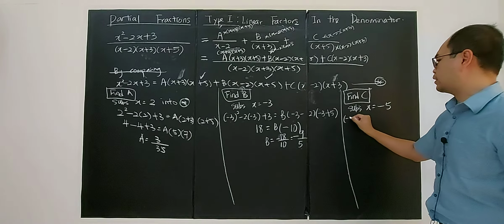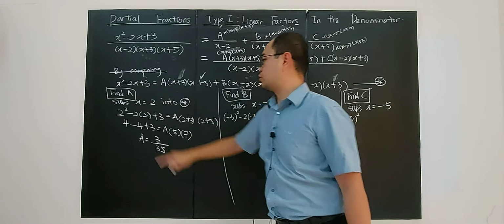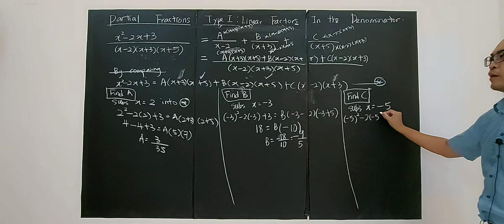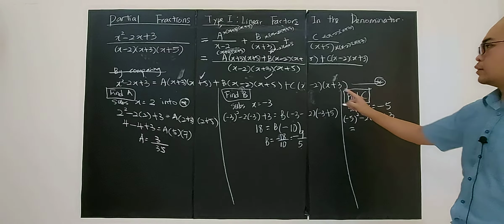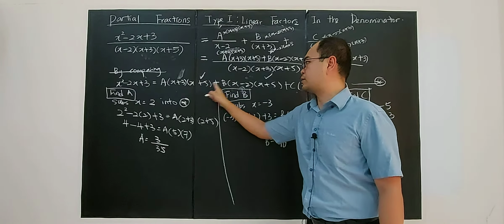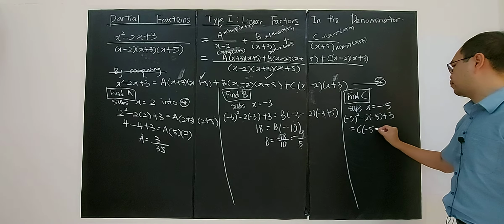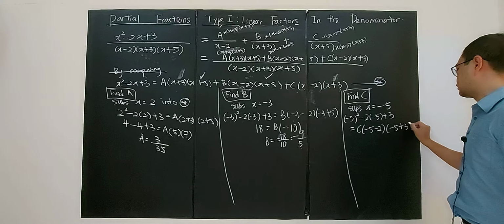So you will have negative 5 squared, substituted into here, and negative 5 squared minus 2 times negative 5 plus 3, and these two will become 0, right? Negative 5 plus 5 is 0. So you substitute into here. So C, negative 5 minus 2, negative 5 plus 3.